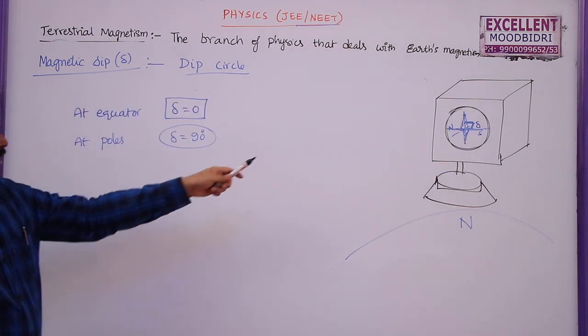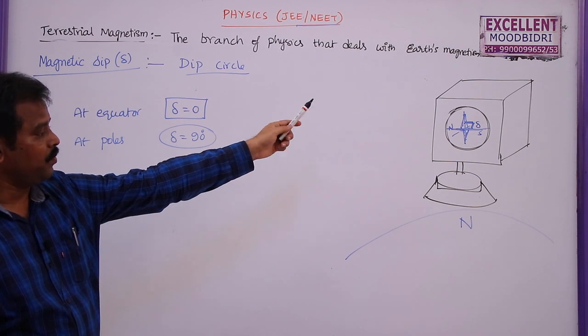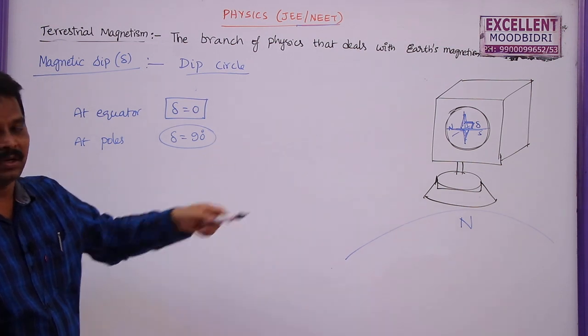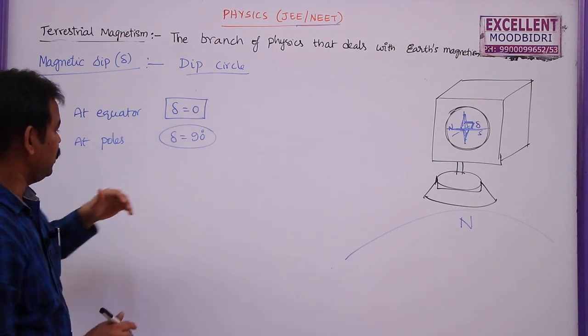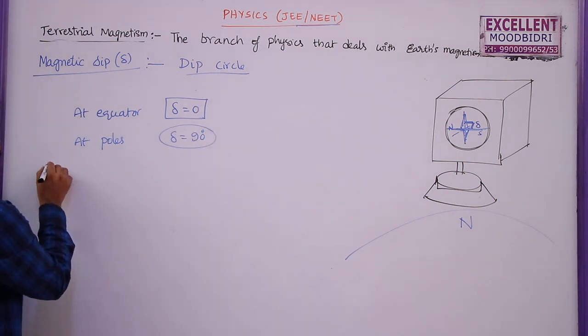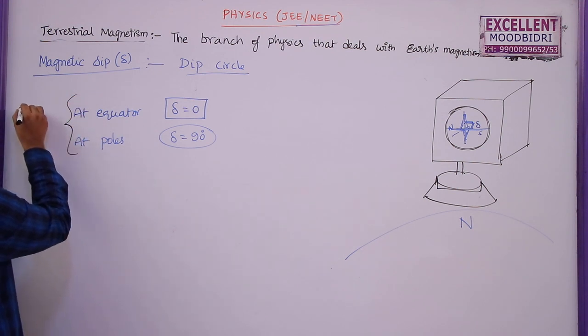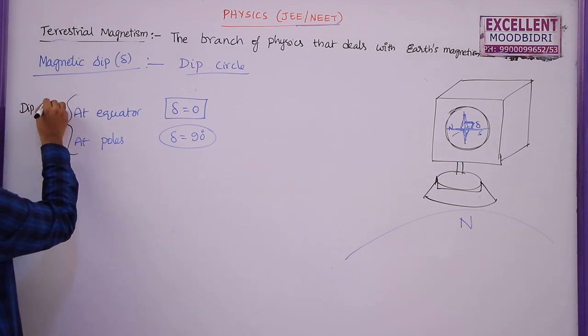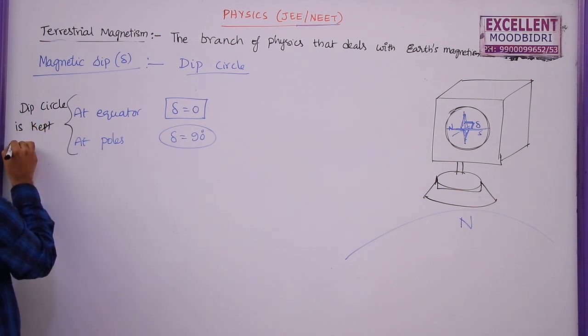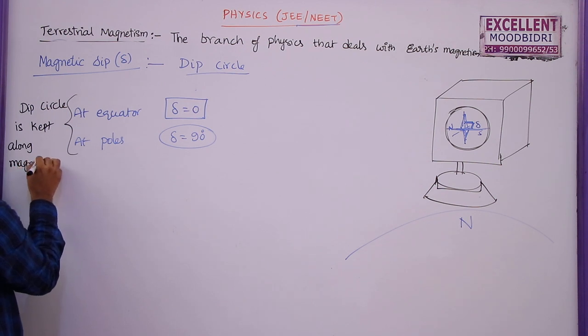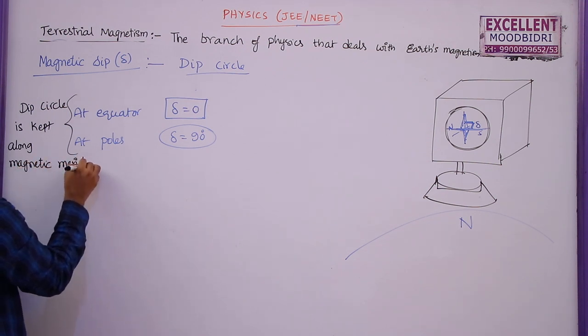Now, the first condition to measure the dip angle by using this dip circle is that this instrument should be kept along the magnetic meridian. So the dip circle is kept along the magnetic meridian.